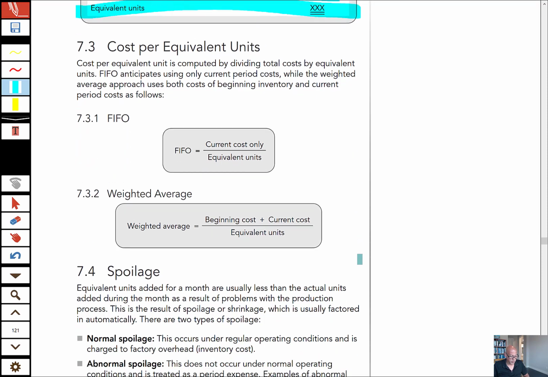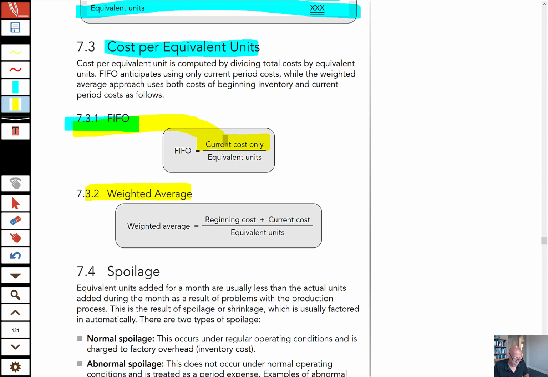Okay, good. Now you look at your cost, the numerator, because we're going to come up with the cost per equivalent unit in this question. Since we're only giving ourselves credit for what we did this period on our FIFO method, we only gather the cost we incurred this period, and then of course we divide it by the equivalent units that we calculated using the FIFO approach we saw on the previous page.